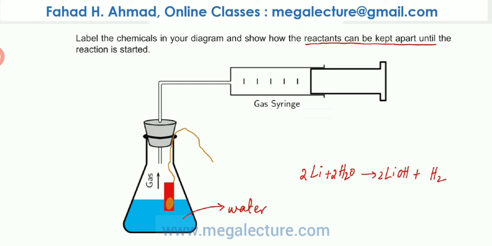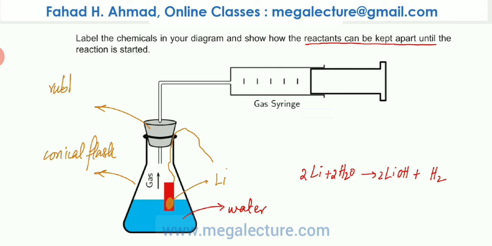So that's your apparatus. You're being asked to label the chemicals in your diagram, so always read the questions very, very carefully. So let's label the chemicals, lithium, and show how the reactant. So that's already done. We're also going to do some more labeling. This is a conical flask, just to be on the safe side. And this over here, let's label that as well.